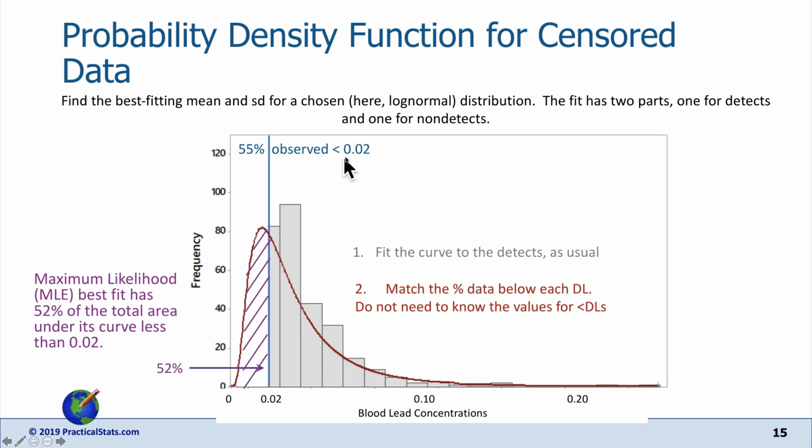And we observed in the data 55% that were below 0.02 overall. And this would be at a slice of an X value at a particular time. And at that time, we observed 52%. So that's pretty close. So this optimization is trying to match both of those things, the detected concentrations as well as the proportion of data below one or more detection limits.